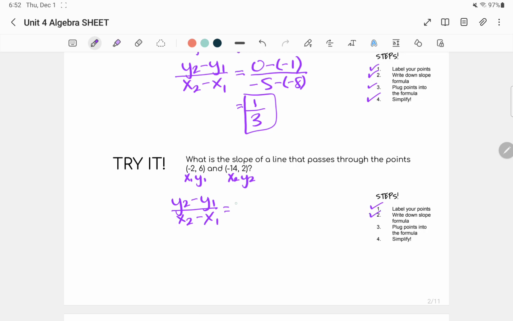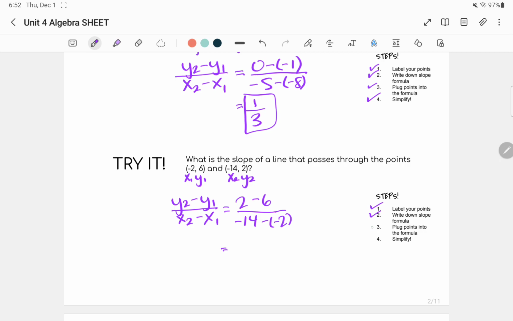Then I'm going to plug my points in. My y2 is 2 and my y1 is 6, so 2 minus 6 goes on the top. And then x2 is -14 minus, and x1 is -2. See, I'm just plugging the points in. That's why it's crucial to label them first, so you can easily plug in.